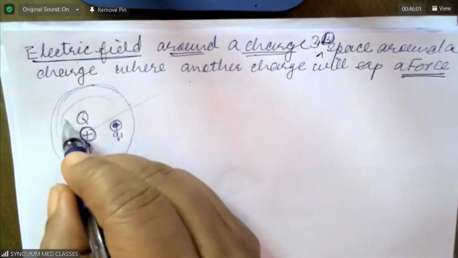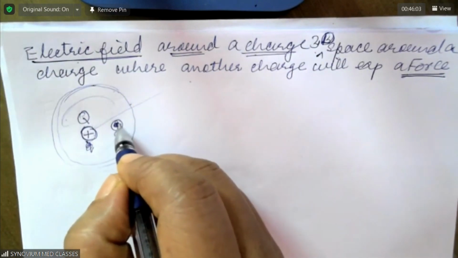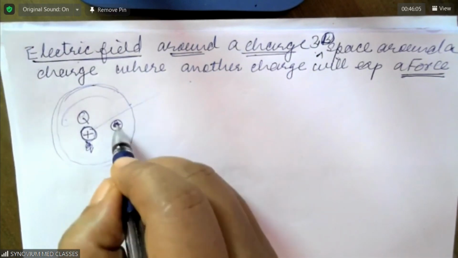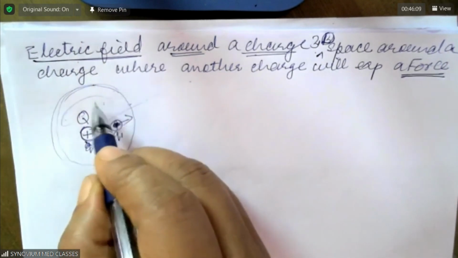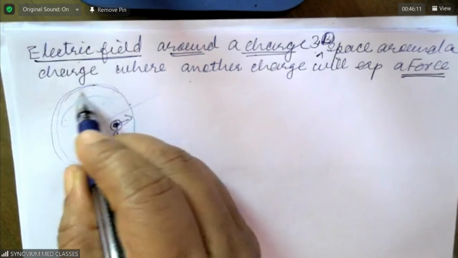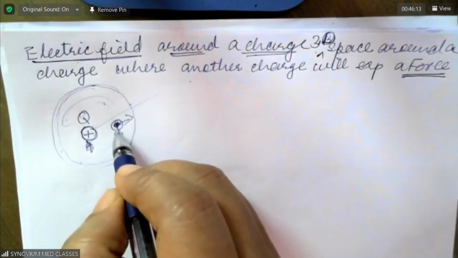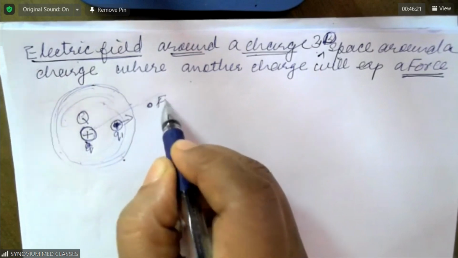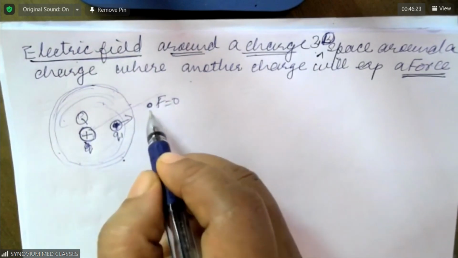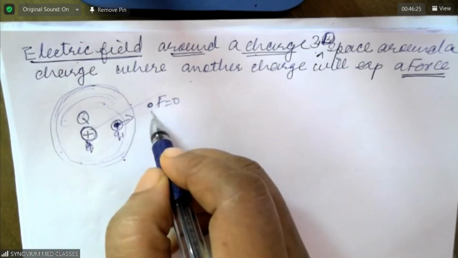If this point has to be in the electric field, there must be a force on it. So if another charge placed near experiences a force, then we say it is placed in the electric field. If you place a charge over here and the force is equal to zero, then this is out of the electric field.